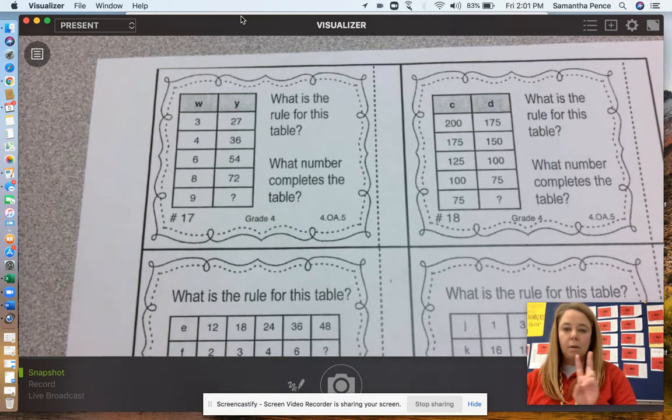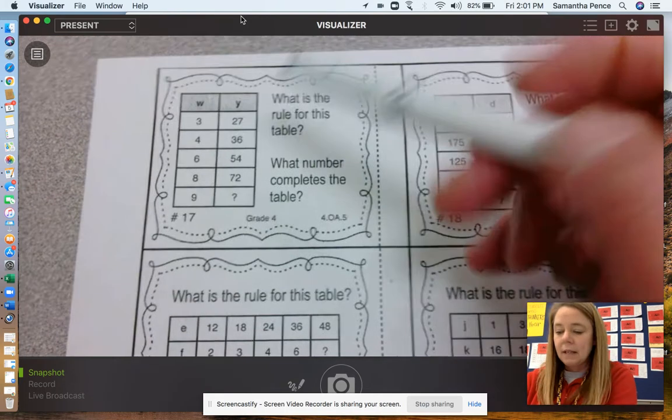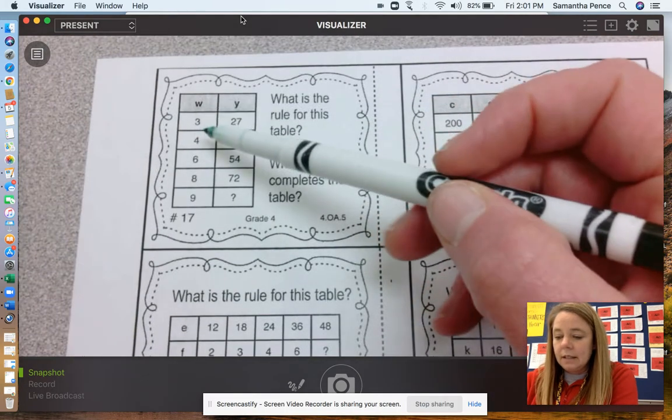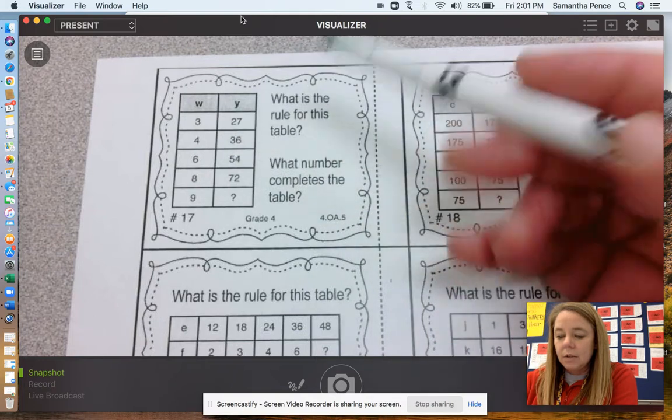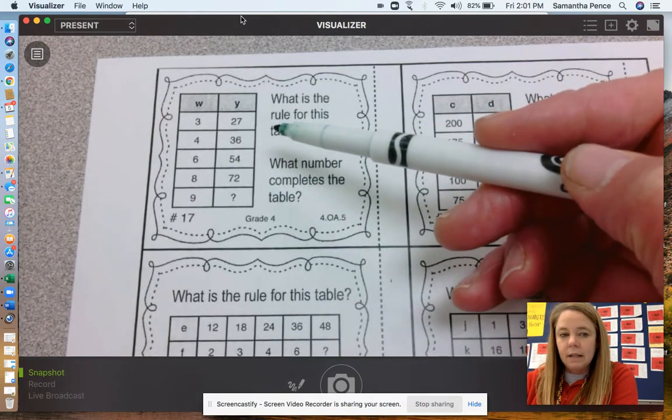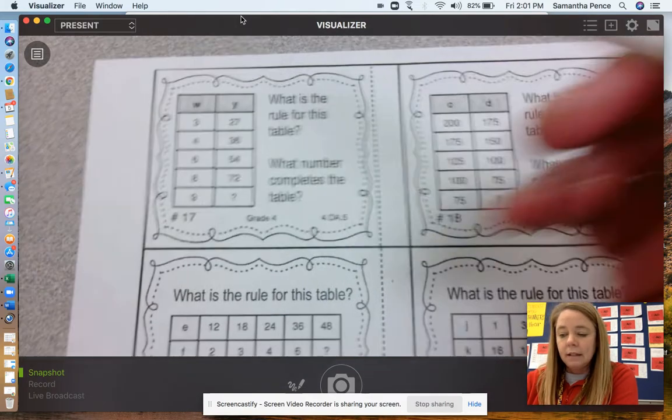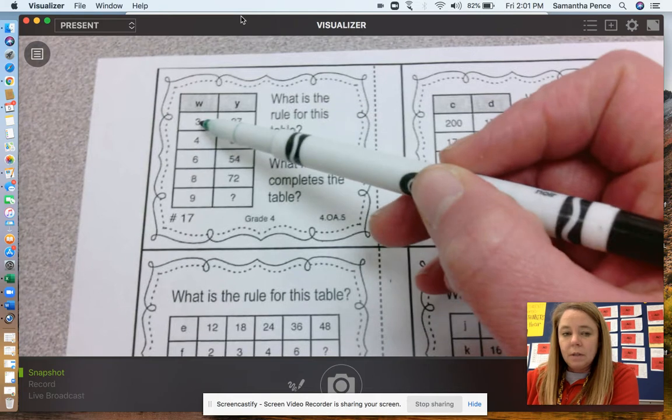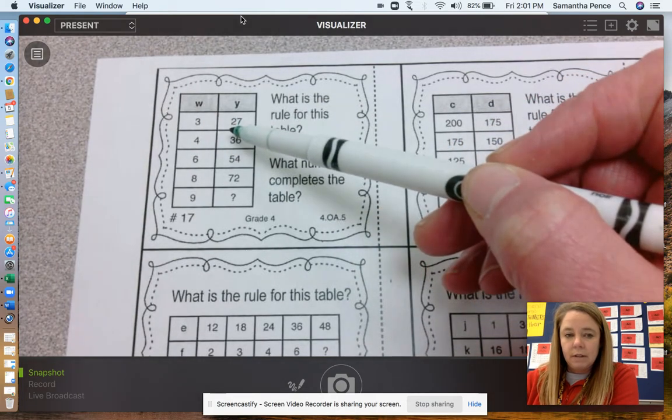So there are two options when a number increases. It's either going to be that the machine is multiplying by something, or it's adding something. So I'm looking, and I see 3 and 27. And if we wanted to try adding, I know that 3 plus 24 is 27.